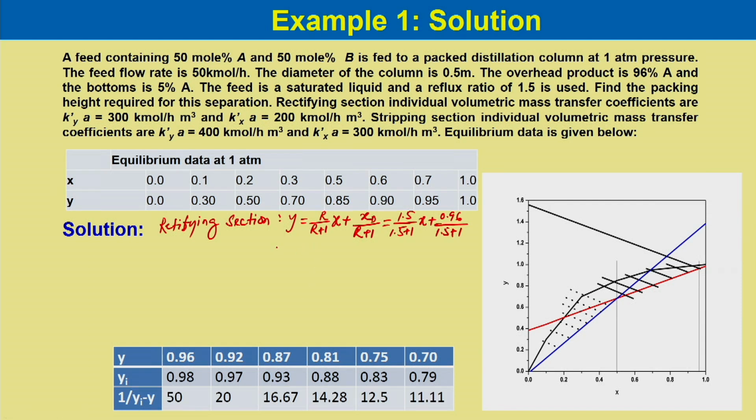So this will give y = 0.6x + 0.384. So, 0.384 is the intercept on the y axis.